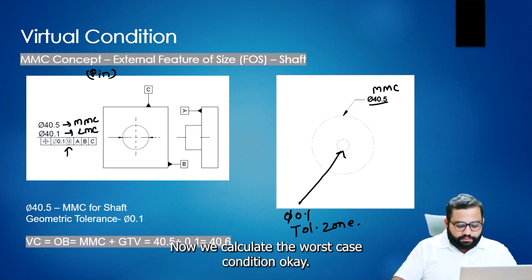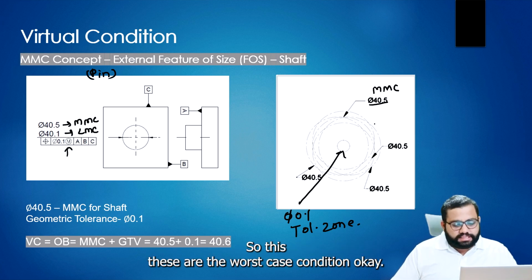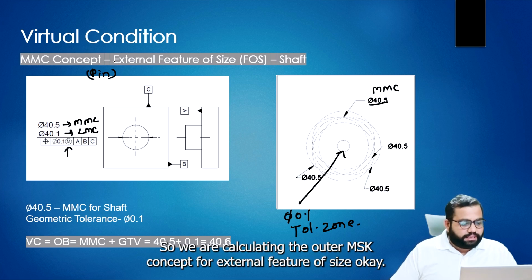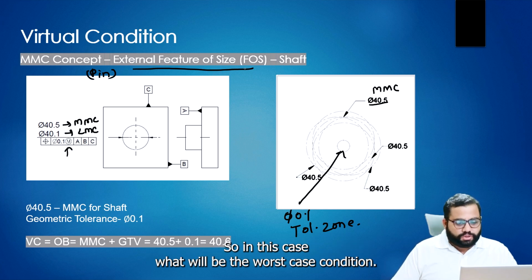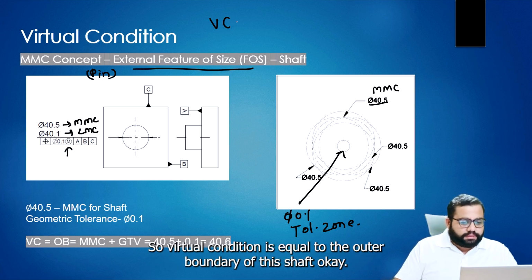Now we calculate the worst case condition, the extreme conditions for this 40.5. We are calculating the MMC concept for the external feature of size. What will be the virtual condition for this? The virtual condition is equal to the outer boundary of this shaft.